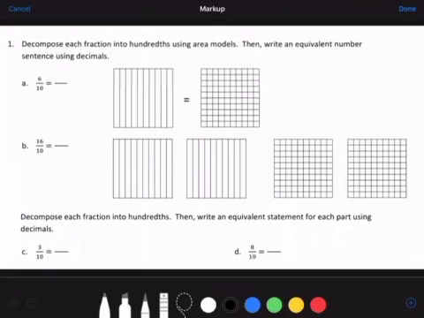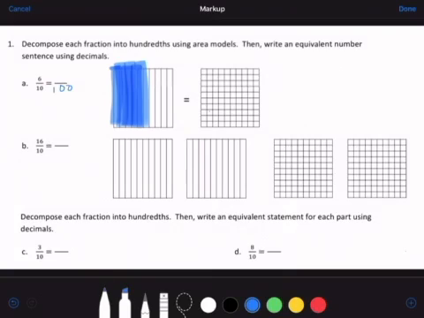So here, if I want to show 6/10, I can do 1/10, 2/10, 3/10, 4/10, 5/10, 6/10. But I will need to show its equivalency in hundredths. So since I want hundredths, I'm going to start by writing hundredths in my denominator.